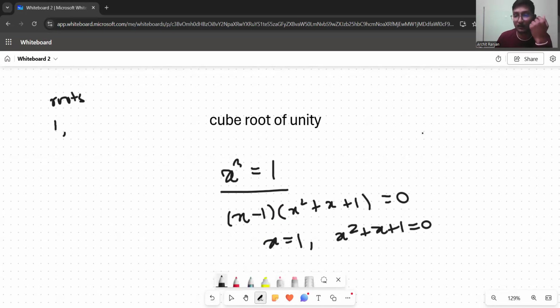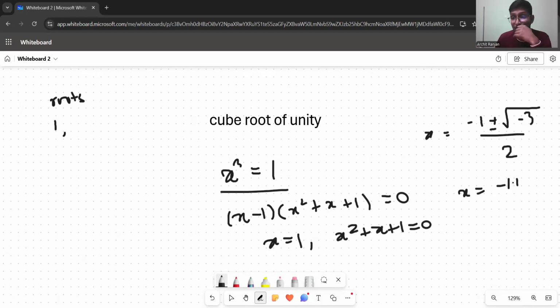That is x is equal to minus b, since a is 1, b is 1, c is 1. So minus 1 plus or minus the square root of the discriminant, which will be b square minus 4ac. b is 1, so b square is 1. 1 minus 4 into a into c, that is 1 minus 4, which is minus 3. So minus 3, divided by 2a, that is 2.